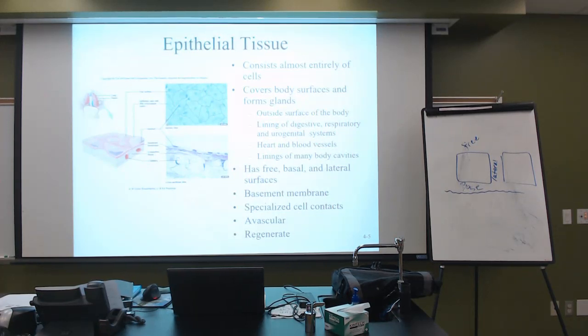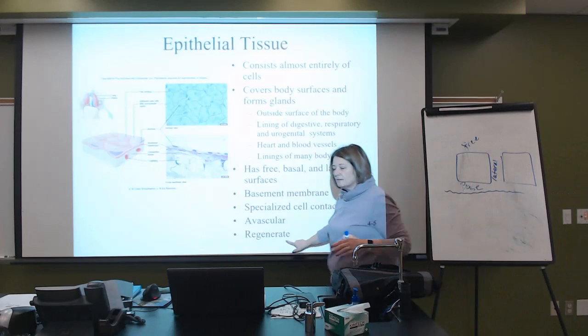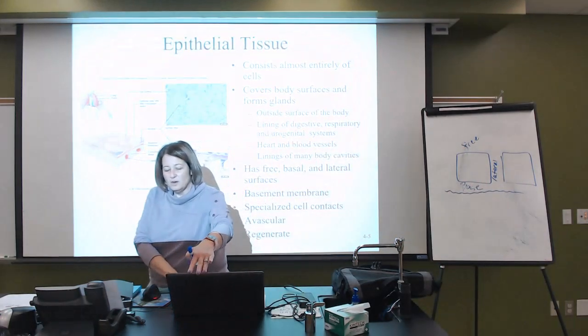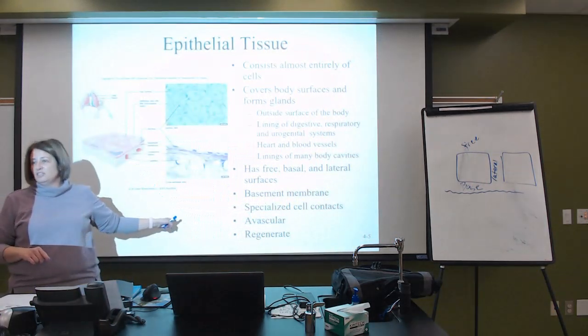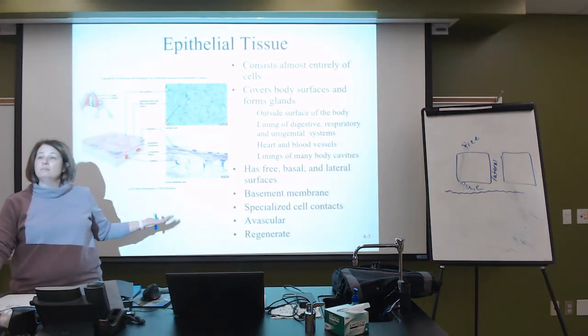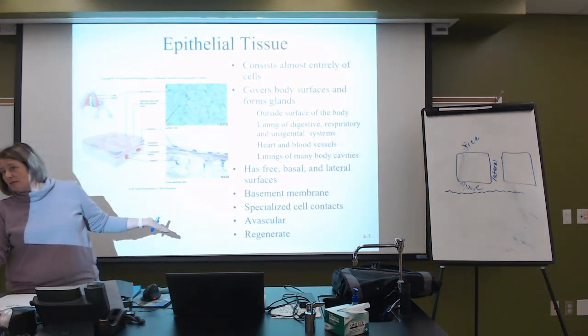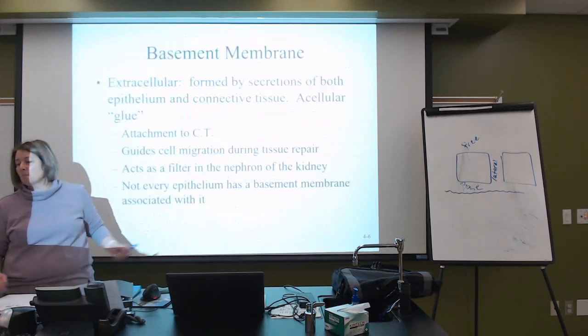So these cells, their source of the blood supply, most of the time comes from this adjacent tissue. These cells are very good at regeneration, meaning mitotic division, carrying out mitosis.